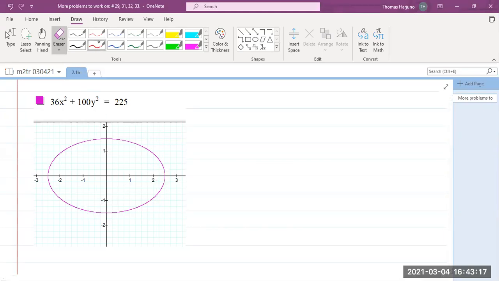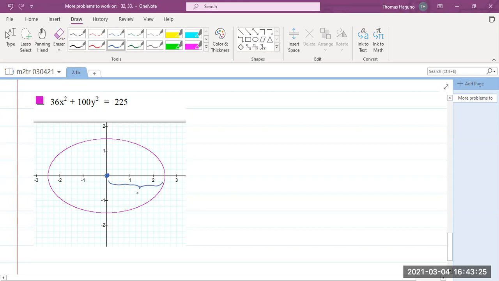Now another thing, notice that the center of this ellipse is (0, 0). You go 5/2 units to the right, 5/2 units to the left.